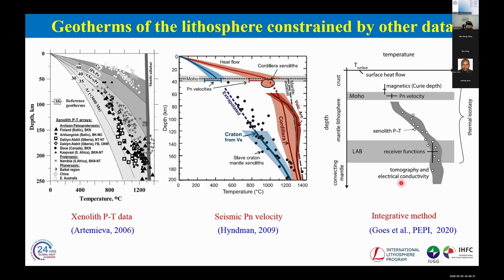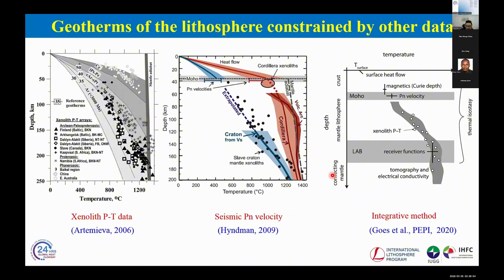So we use the data from surface heat flow, the Curie depth and the Pn wave, and also the xenolith data, and also the seismology information about the receiver function and the topography. So we can integrate all kinds of geophysical and geochemical observations together.